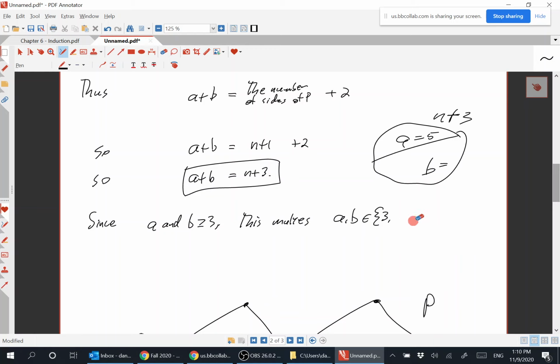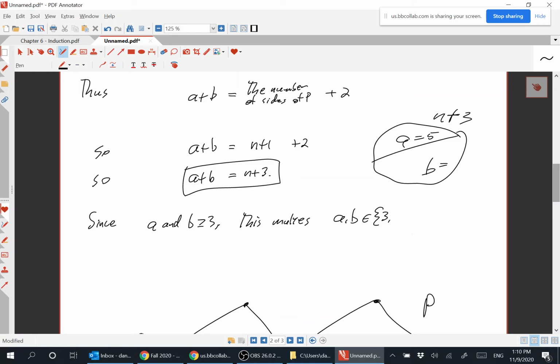So what's the largest possible value for B? The smallest possible value for B is 3. The smallest possible value for A is 3. The sum of A and B is n plus 3.